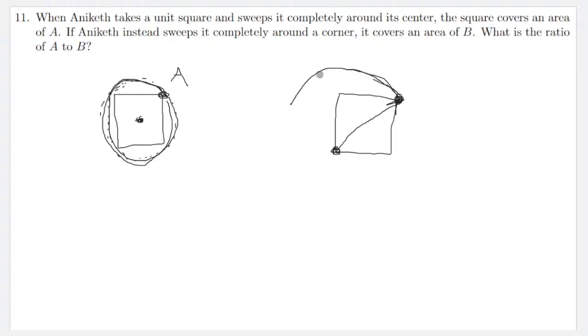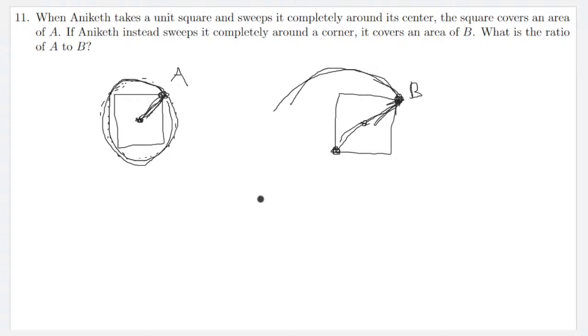But that circle, as you can see, is much larger because this radius is larger than this radius. And so we can see that the radius here in scenario B has to be twice as long, right? Because this goes from the center to the corner, and this goes from the corner to the other corner. So in total, this radius is twice as large.